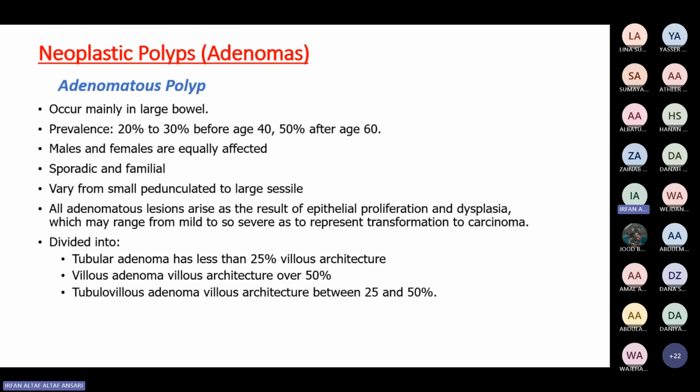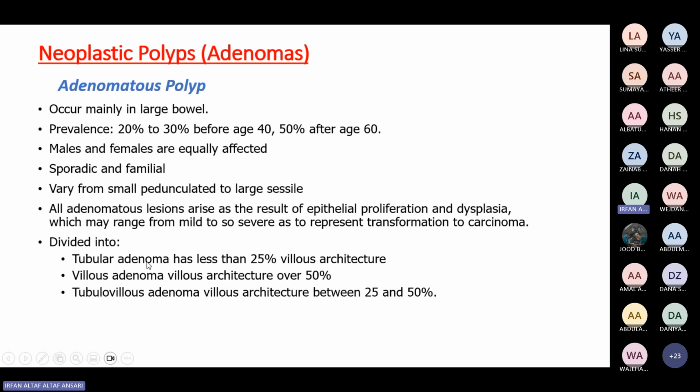They could be small pedunculated to large sessile, and they are a result of epithelial proliferation from hyperplasia to adenoma, and they might show dysplasia, and if the dysplasia is severe, they can transform into carcinoma.